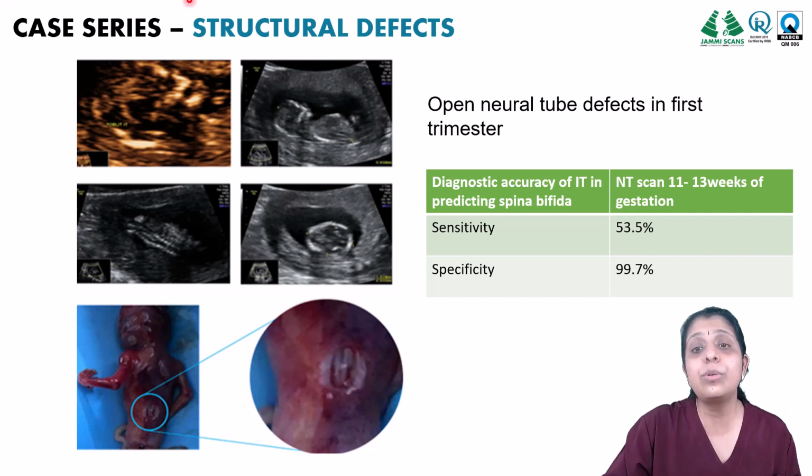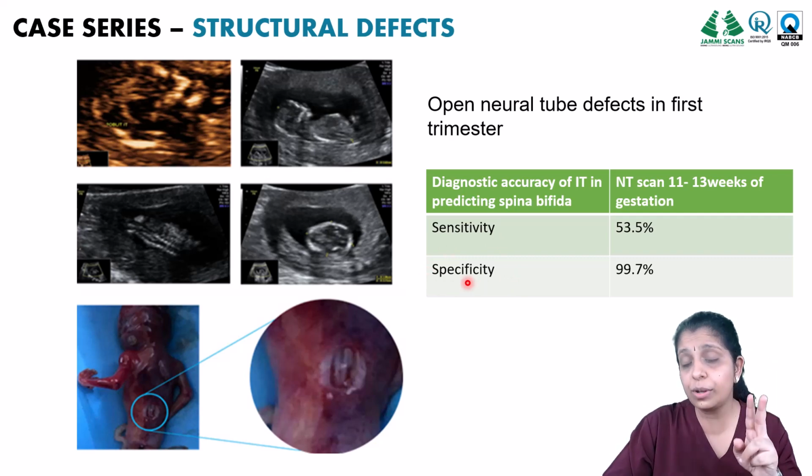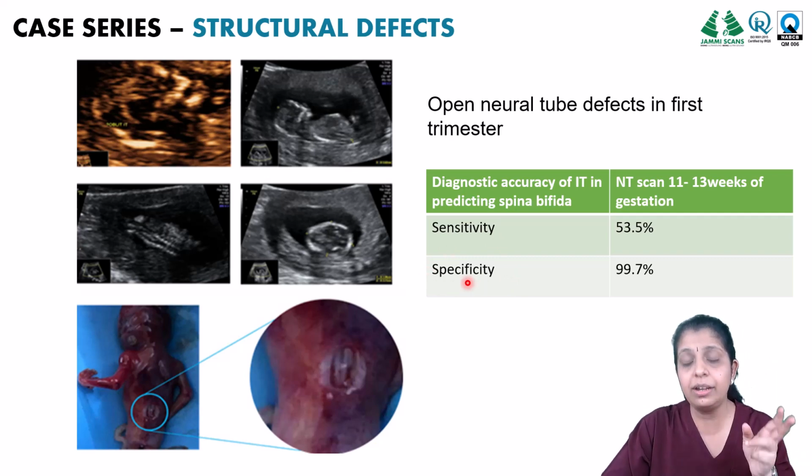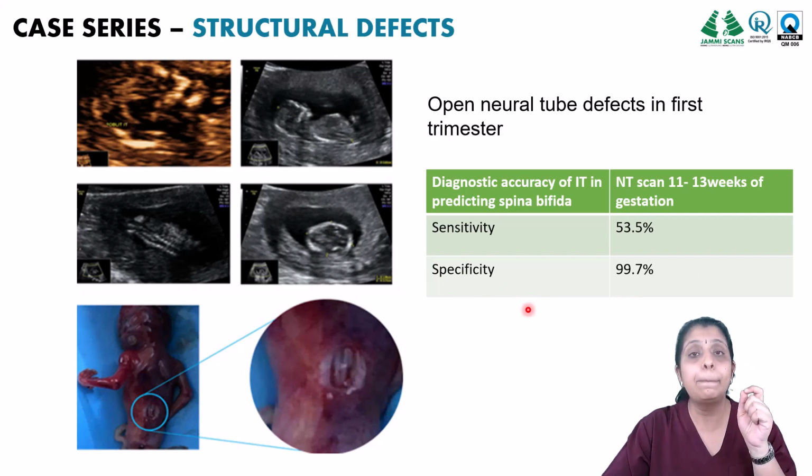But the specific point here is, if you don't visualize an intracranial translucency in the NT scan, and you can detect a defect in the spinal cord, then you are highly specific to identify an open neural tube defect, close to 99%. But can you identify ONTD in all fetuses at 12 weeks?